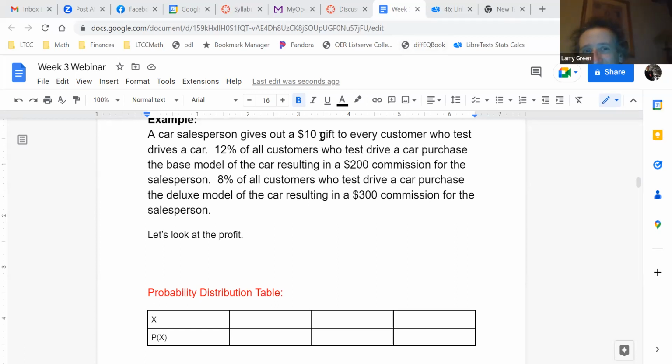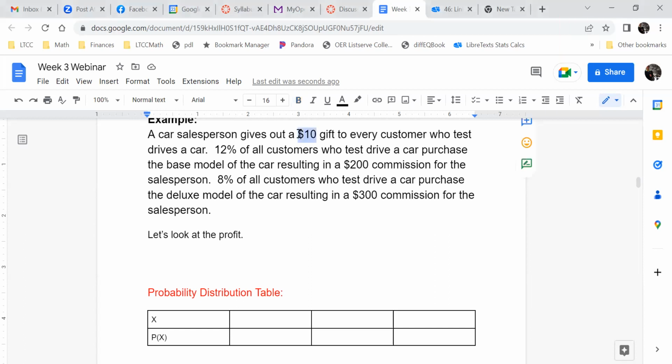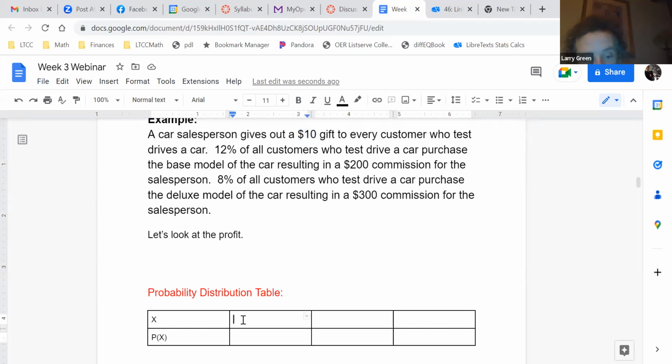The salesperson has to give away 10 bucks first, and then gets 200. So the profit, and this is very important in business, by the way, is revenue minus cost. How much you bring in minus how much you have to spend. So it's 190. 200 comes in, but he had to give away 10 bucks.